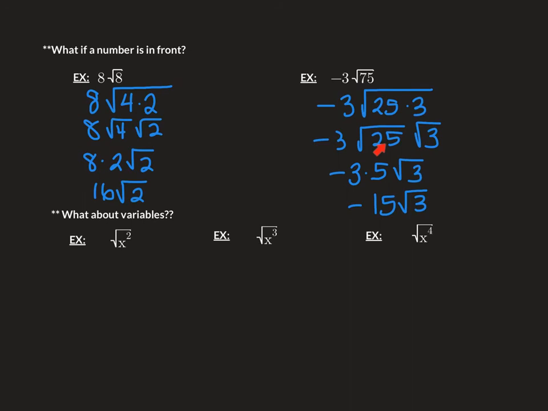So why is that important? Well, because I know the value of that. I know it can simplify. I don't know anything about square root of 3, so I can't simplify it. But I do know the perfect squares. So what do you notice about x squared? Hopefully what you noticed is that x squared is a perfect square.